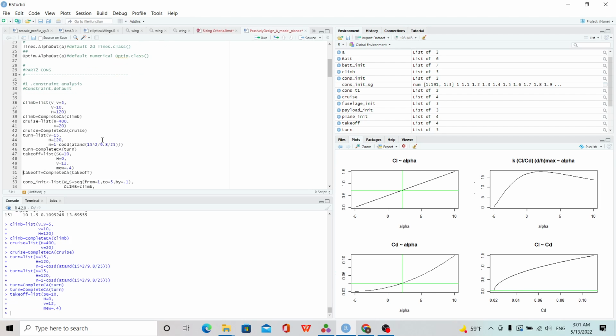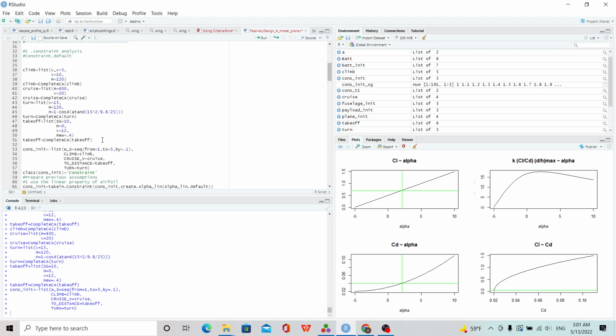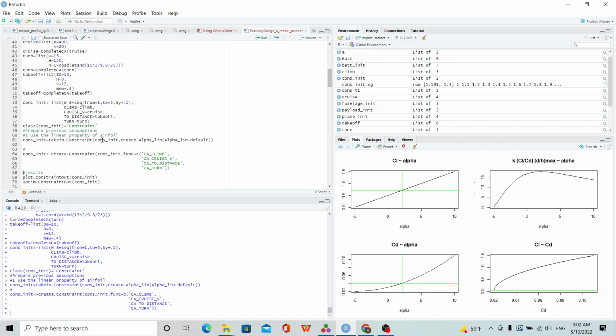Then for taking off from the ground, let's say the length of the runway, the height of the runway, and the friction factor, and let's complete all the CAs. Right, and then the initial constraint can be created and plotted.